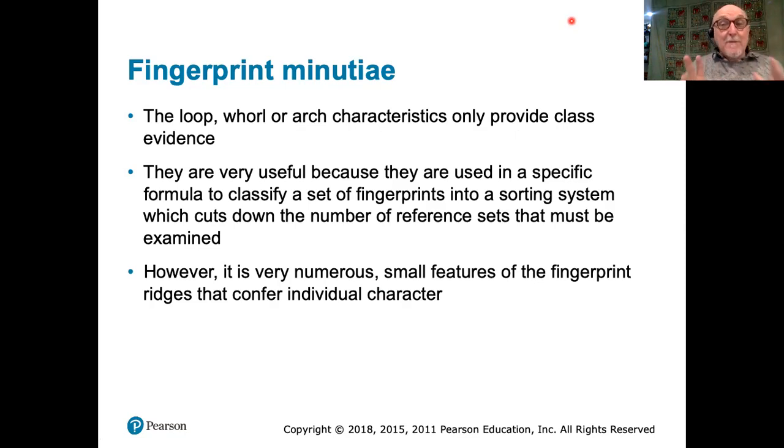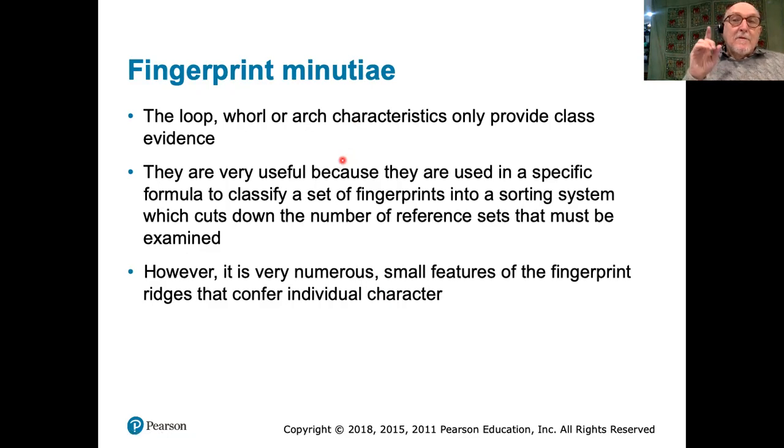It is a class characteristic, but it's a very useful one, because we're going to see that we can take those and put them into a kind of formula to start classifying fingerprints so that we have a reference database which is easier to manage. We use the presence or absence of those structures in order to do so.